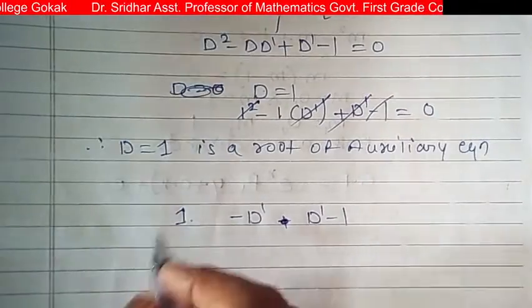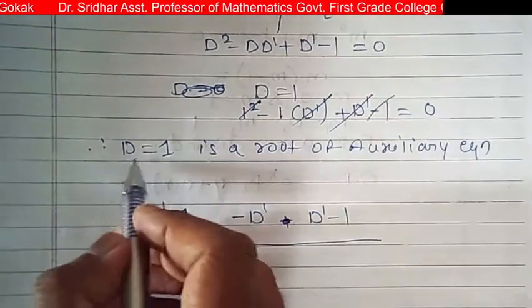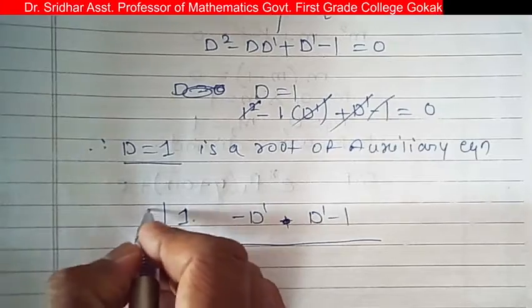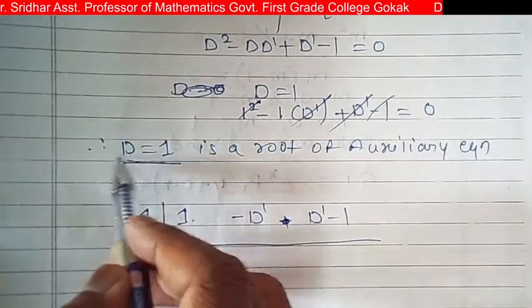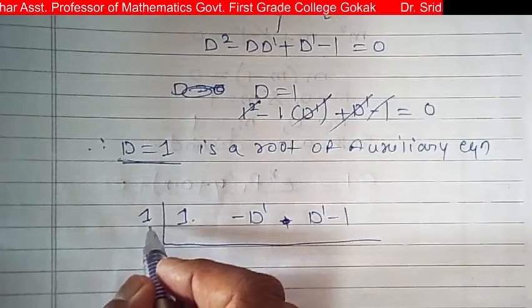Write all the coefficients. Now this one you write here, D is equal to 1, right here.